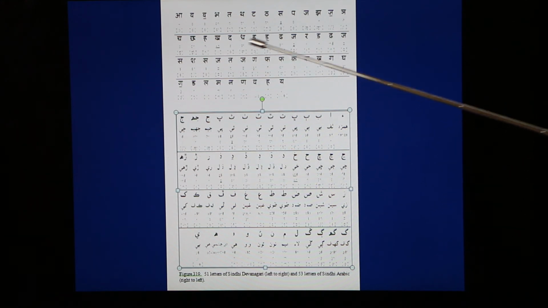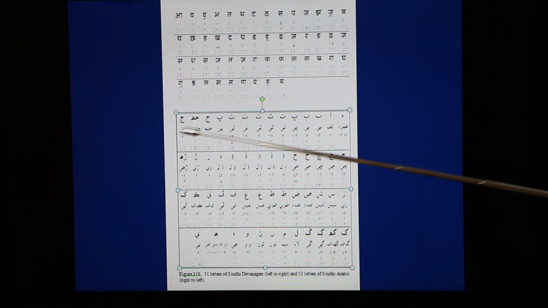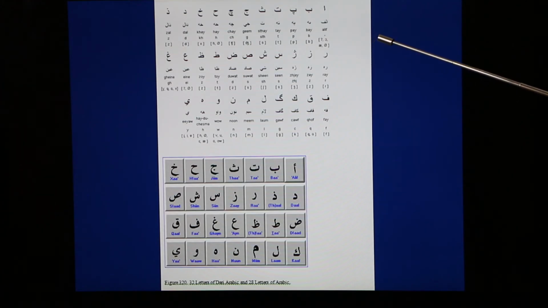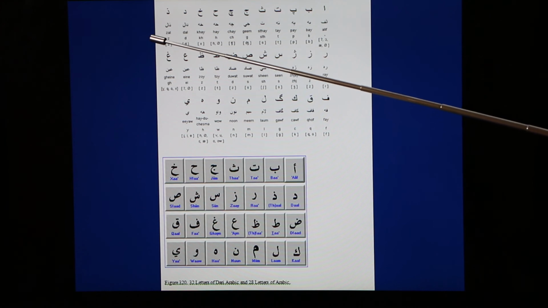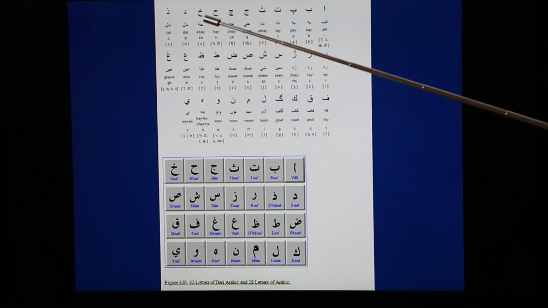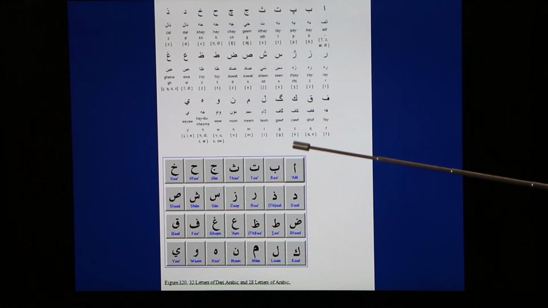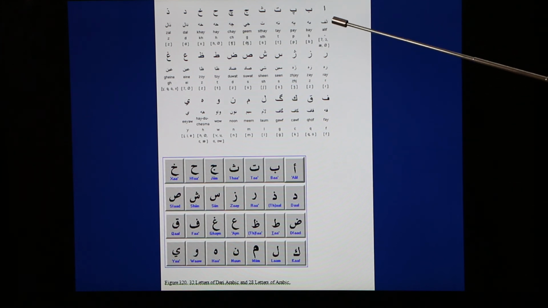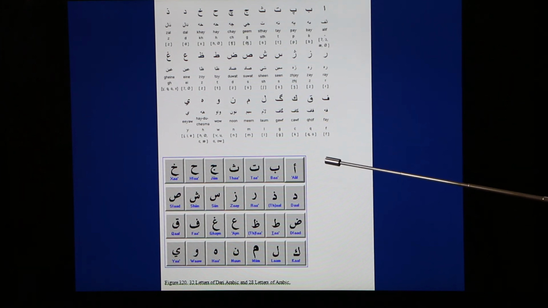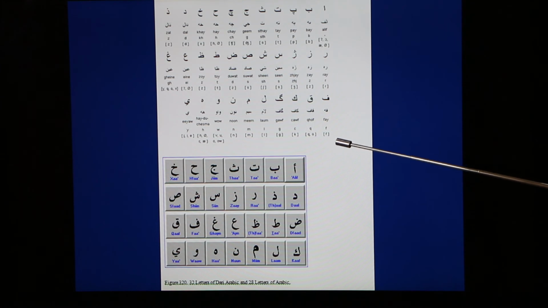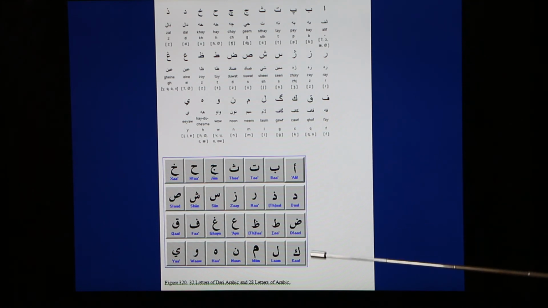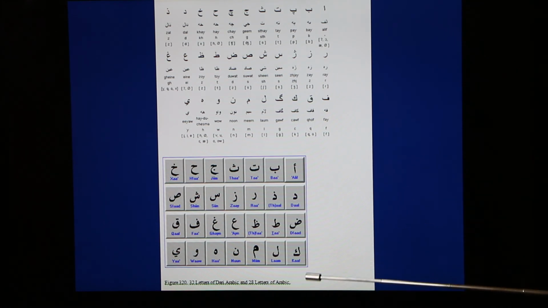And so here you have 51 letters, and here you have 53 letters. And here you have Dari Arabic going this way, but there are also Daris going the other way, and Pashtos. And here I'm comparing the 32 letters of Dari and the 28 letters of Arabic.